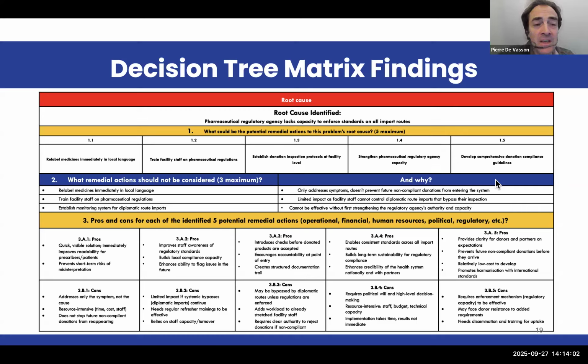Why is it important? Because there are various remedial actions. Some could be very radical but take years. Some of them could be very pragmatic. For example, one could say, look, thank you, the Chinese bilateral cooperation, you give us lots of medicines, but they are written in Chinese, in Mandarin.